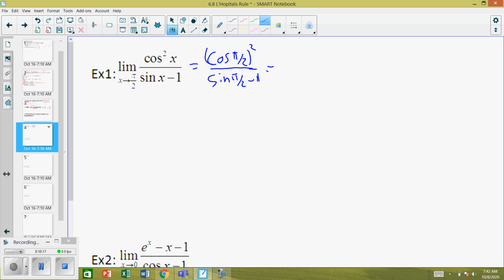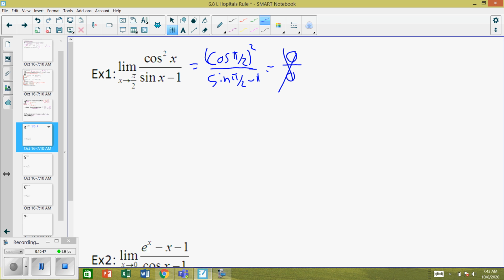Cosine of pi over 2 is 0, so that's 0 squared, which is 0, over sine of pi over 2 minus 1, which is 1 minus 1, which is 0. So if I try to evaluate this limit, I get 0 over 0, which is indeterminate form. Now, if I ever get to this point right here, sometimes I'll even erase this or take it back, because sometimes they are crazy with how they grade that.